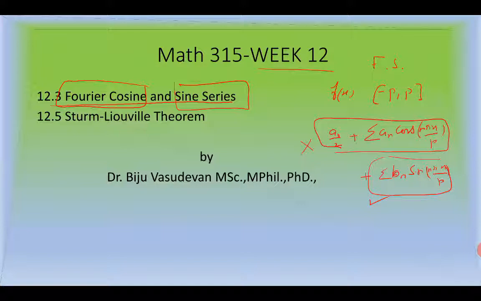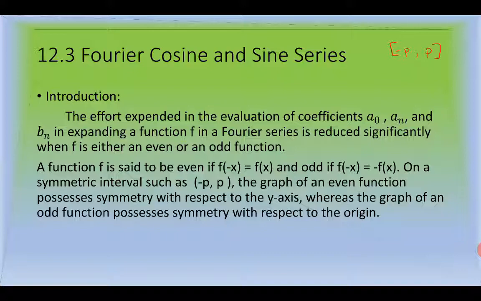First, we should understand the basics of even and odd functions. A function is said to be even if f of negative x is equal to f of x. For example, f of x equals x square is an even function. Take negative x; square will again be x square.